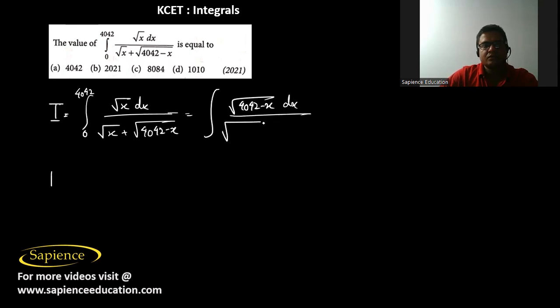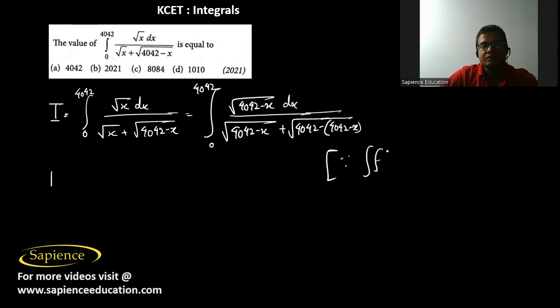Now we can also write this integral as the integral from 0 to 4042 of root of (4042 minus x) dx divided by root of (4042 minus x) plus root x.